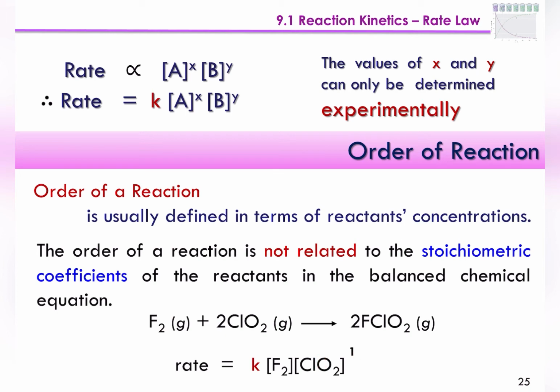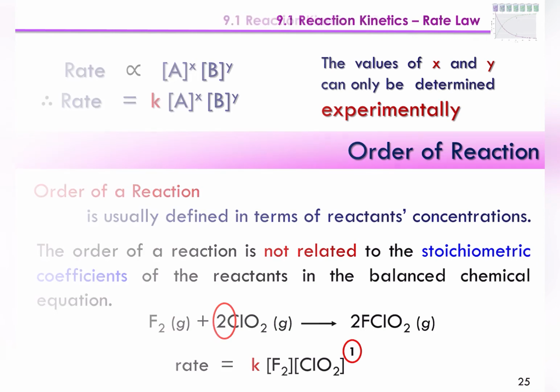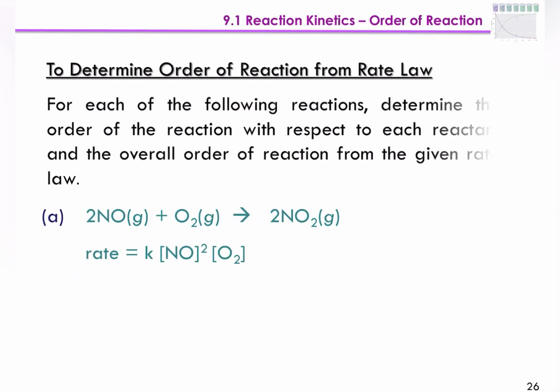ClO2, when you balance the equation, you got the coefficient 2 in front of it. But in the rate law expression, the order of reaction with respect to ClO2 is 1. So this is what I'm going to focus on for you. They are not the same. So please remember that. Now, we are going to learn how to determine the order of reaction based on rate law. You got this expression.